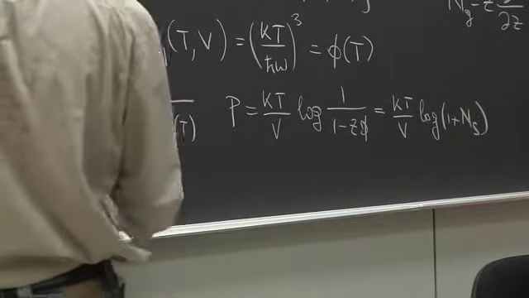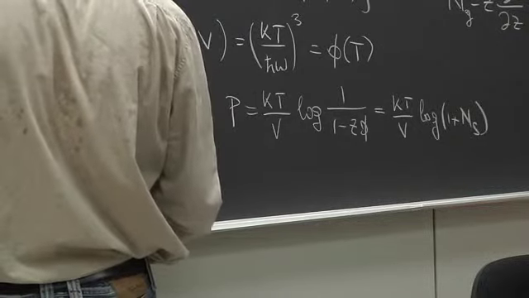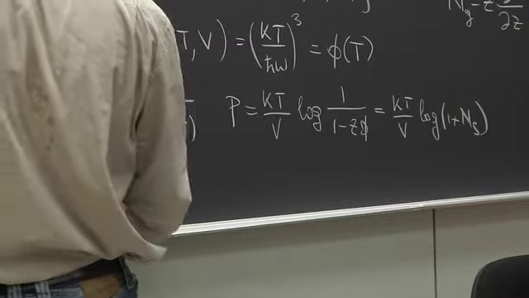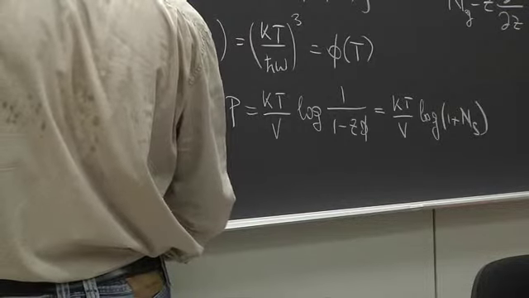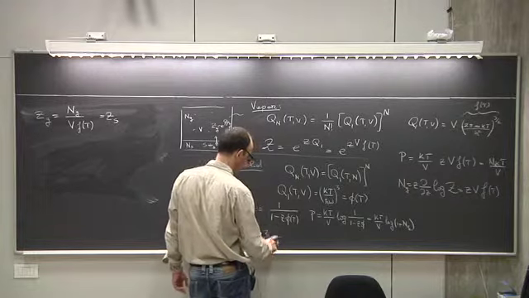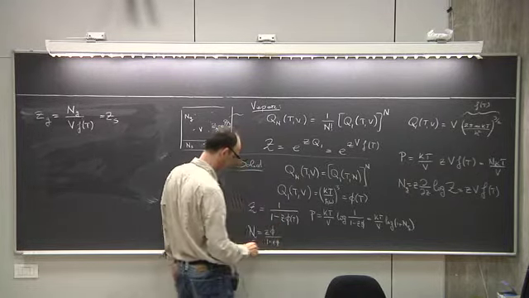And this is z times 1 minus z phi, and then times phi.